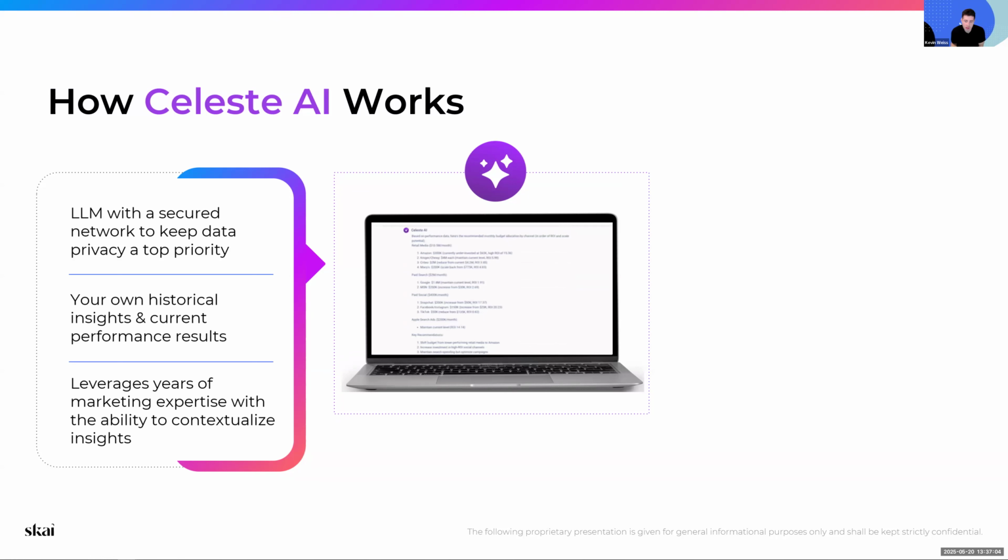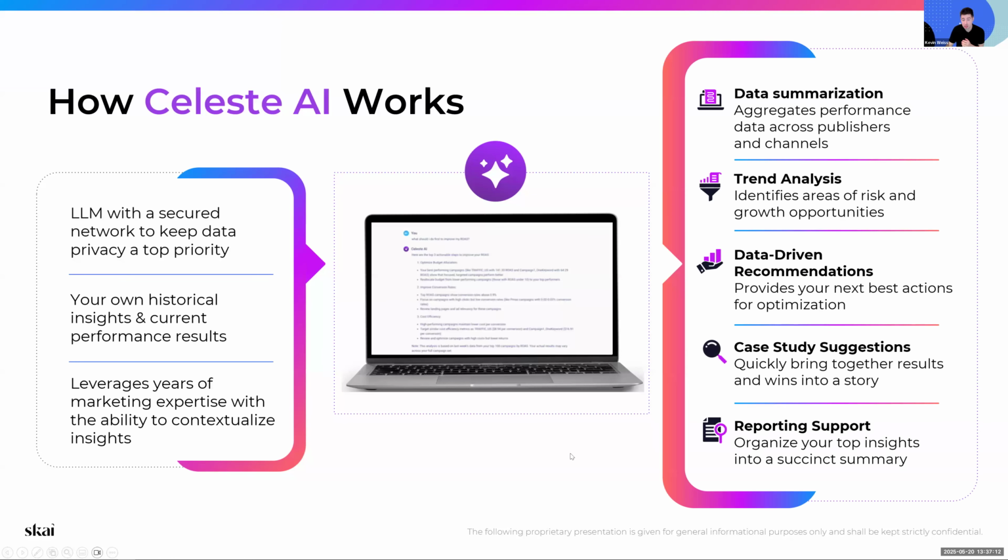Basically, we introduced the LLMs to the world of performance marketing, and we had it purpose built for all these different jobs to be done, like data summarization and trend analysis, for which it can use data science like regression, clustering, time series, and correlation analysis.